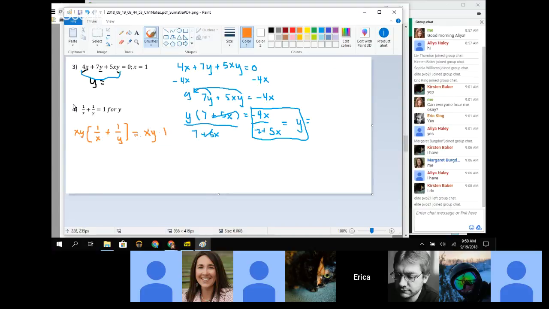Once you do that, you have to distribute this, multiply it out. I'm skipping a few steps here because I know we're out of time. You end up with y plus x equals xy. And then from here, see if you can figure out how to solve for y. So that's the hint for how to solve number 31.